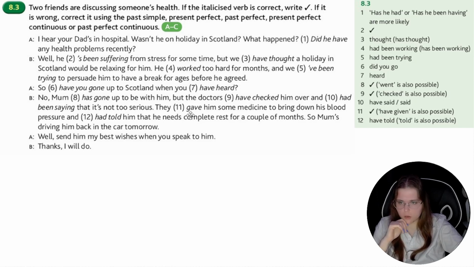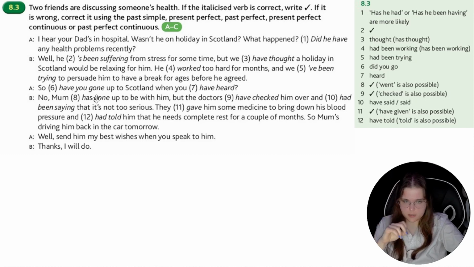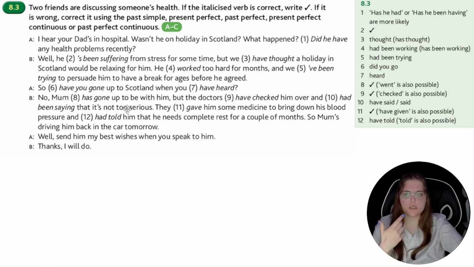Then, so did you go up to Scotland when you heard in the past? Two actions in the past. No, Mom. Mom went or has gone up to be with him, but the doctors have checked him over and have said that it's not too serious. Mom has gone up if it is actual by now.